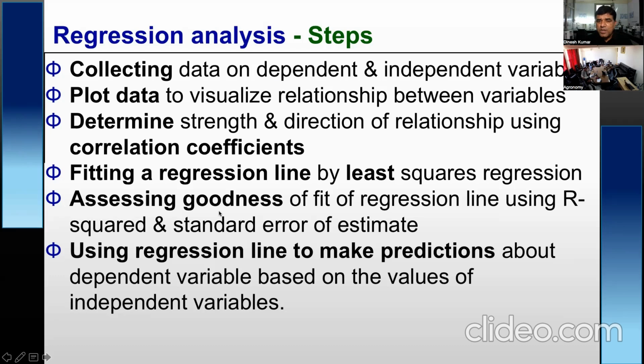We then assess the goodness of fit of the regression line using R squared and the standard error of estimate. I will teach you today how to test the linearity of the equation, and once we have proved that this equation is linear, or any kind of equation, then we can make predictions by using the regression line.